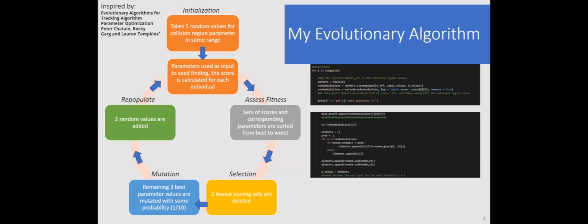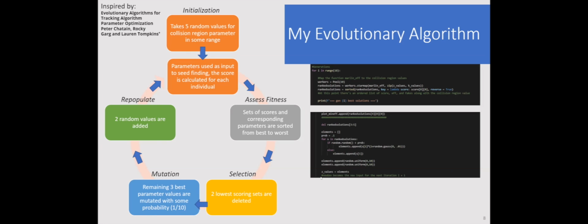To do an optimization problem, I was inspired by Peter Chantain's paper. What he did was an evolutionary algorithm, so I decided to write my own evolutionary algorithm. The whole idea of an evolutionary algorithm is very much connected to biological evolution.